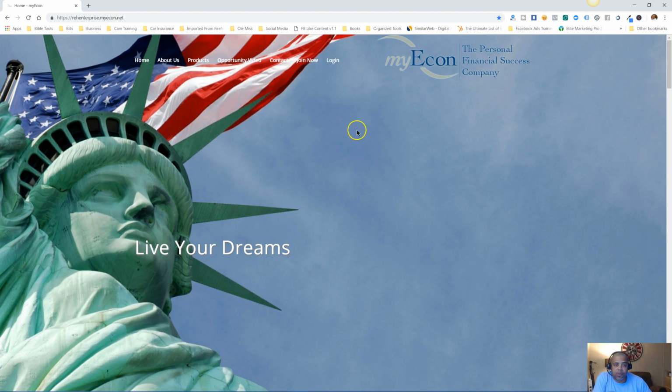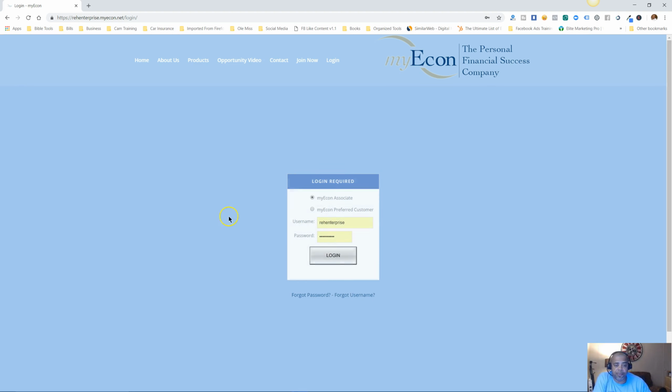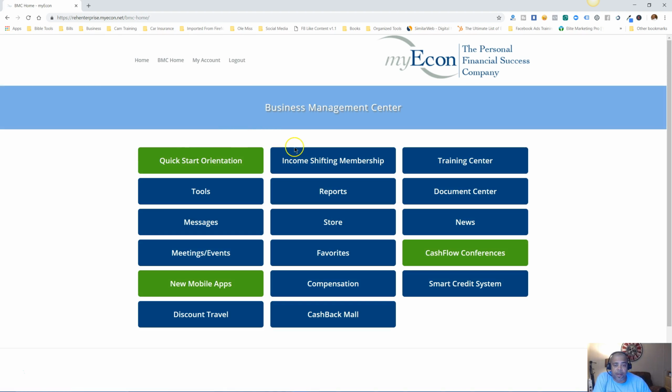So what you want to do is, when you first log into your MyEcon back office, I'm going to log in. You're going to come to this page here. Now, you can either go to the income shifting membership, or you can go straight to the smart credit system here. This is where you're going to find the MyEcon income shifting materials for you to get started.